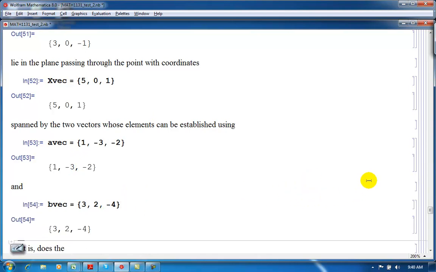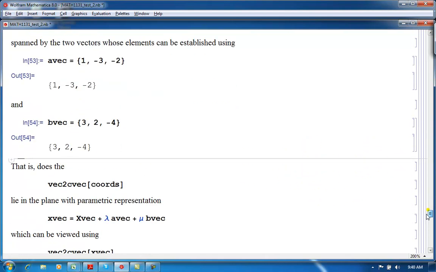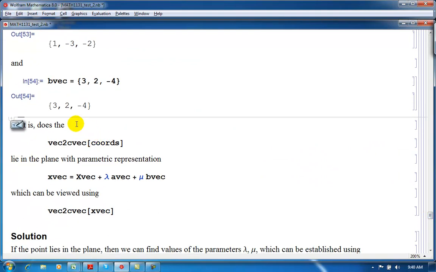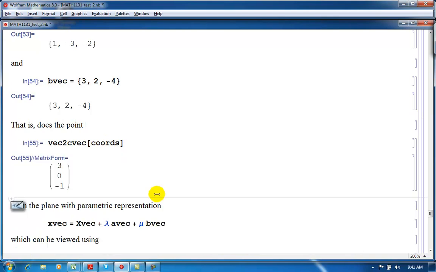So, in other words, does the vector or the point lie in the plane?